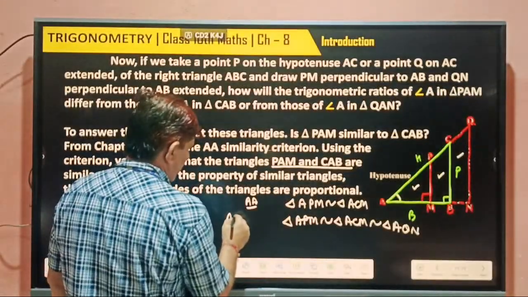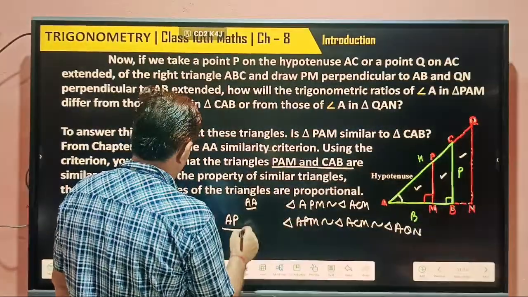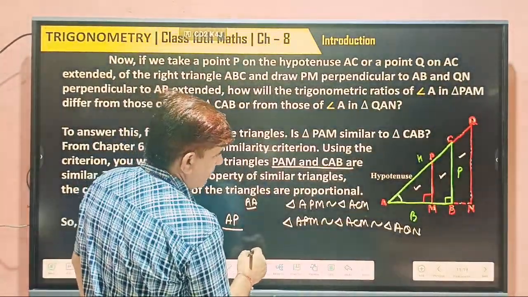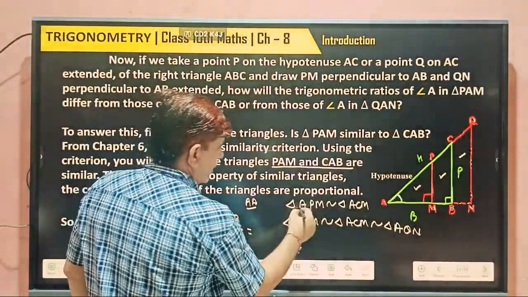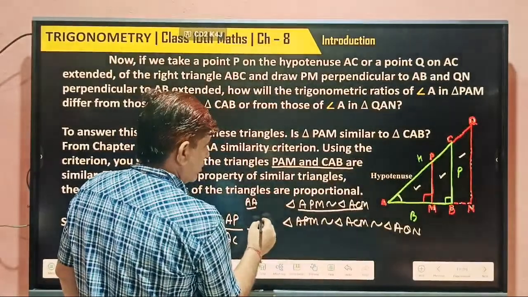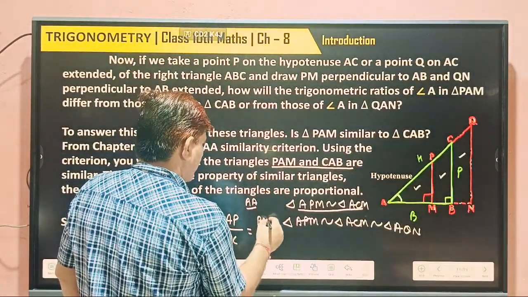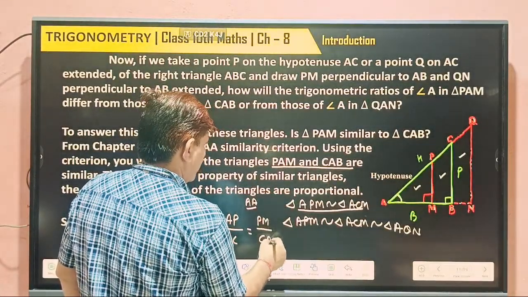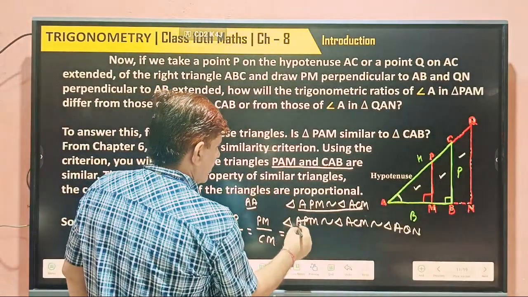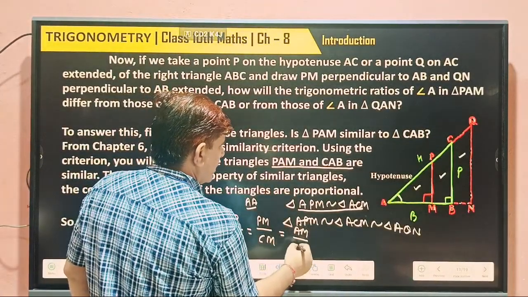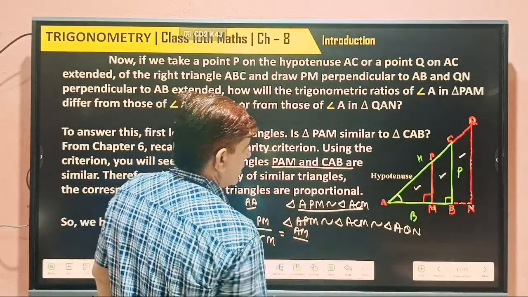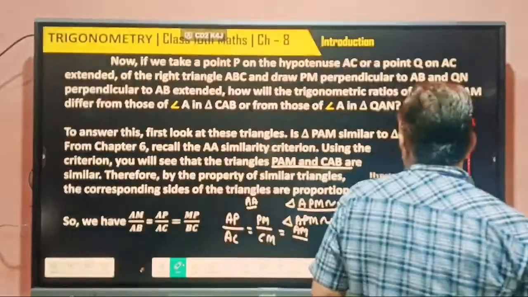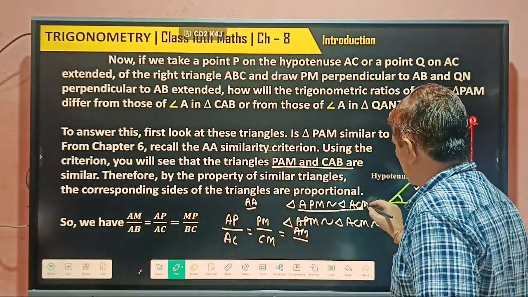Its meaning is AP by AC equals PM by CM equals AM by AB.